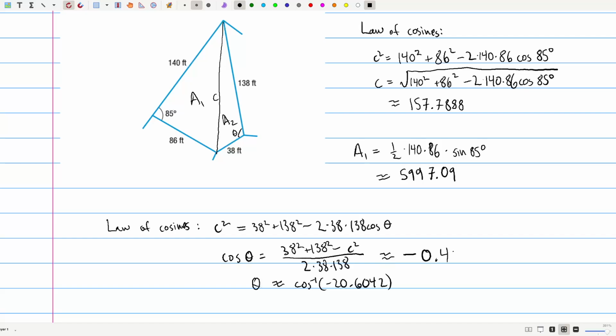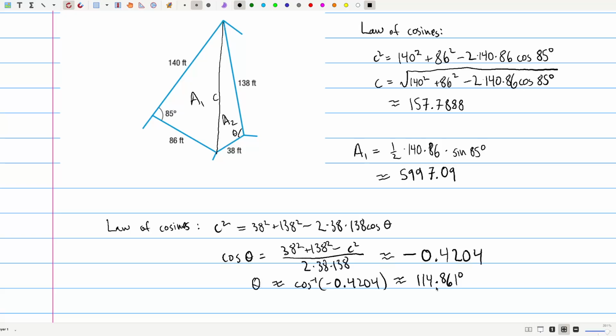It's -0.4204. And so we calculate the cosine inverse of that answer, and we get 114.861 degrees.